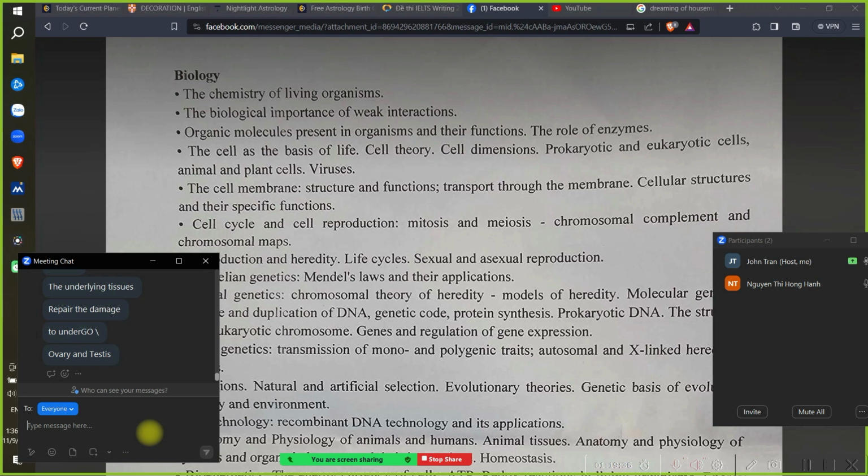Does it also undergo mitosis as well? What do you think? No, I think the cells in the ovary and testis part. Yeah, ovary and testis.